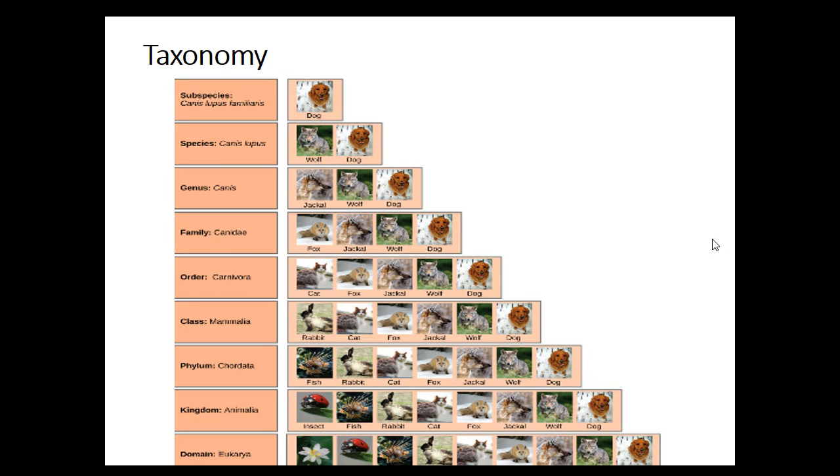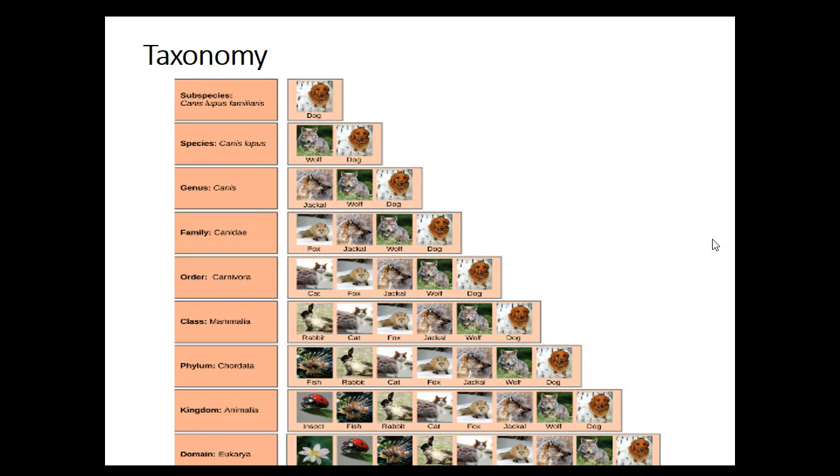Canis lupus familiaris. That's something that 20 years ago, dogs were considered to be a separate species from the gray wolves. But it was decided no, they're still the same species as gray wolves, so we'll call them a subspecies. So these things are always changing, just changing their mind.